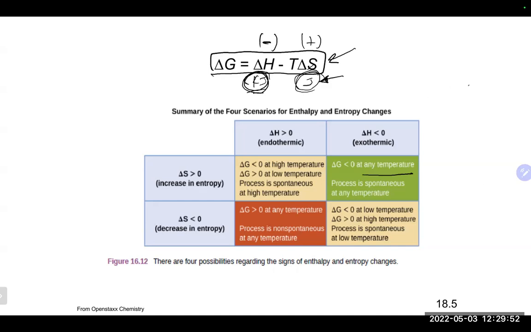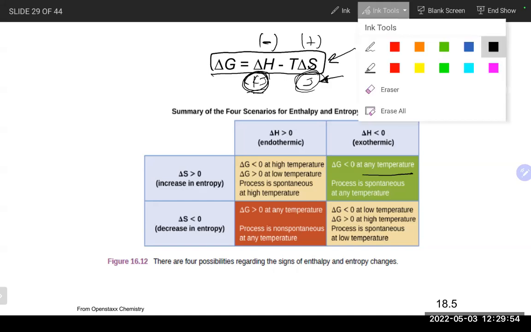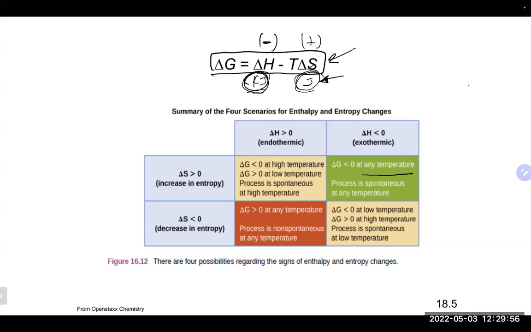Now, if the delta H is negative, but our entropy becomes negative as well, which is this box right here, that negative delta S is going to turn our back number into an overall positive value, right? Because a negative and a subtraction there will give us a positive value.